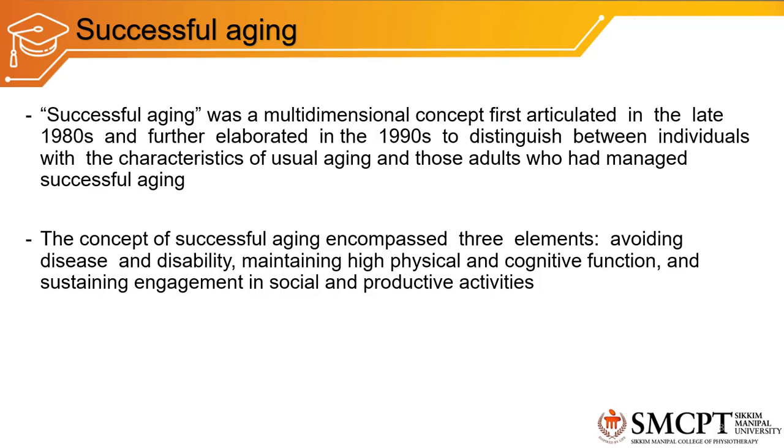They describe the concept of successful aging with the presence of three elements: first, there is no disease and disability; second, aged people maintain high physical activity and cognitive function; and they sustain themselves and engage in social and productive activities.